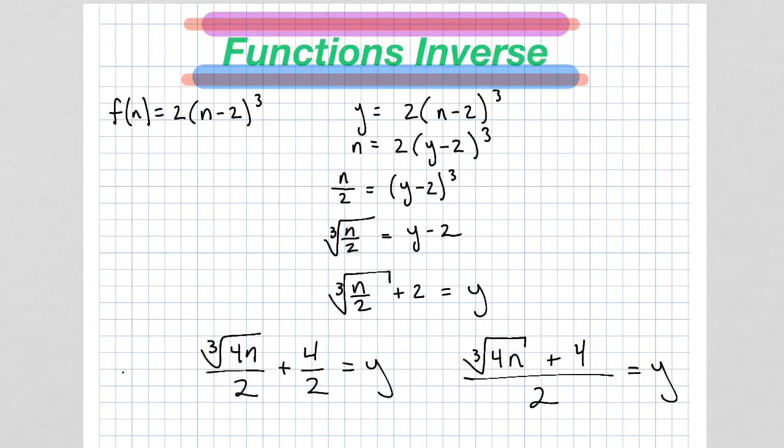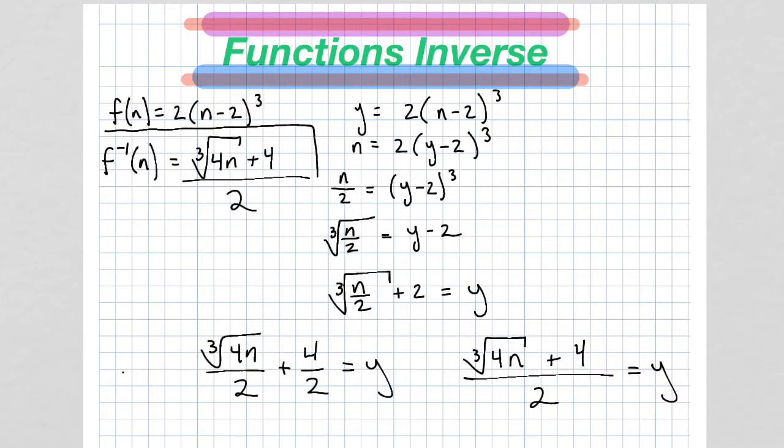Okay, now at this point we're done. So I'm going to go ahead and say that the inverse of f of n equals cube root 4n plus 4 over 2. And this is our answer. Okay, this is kind of a more advanced problem.